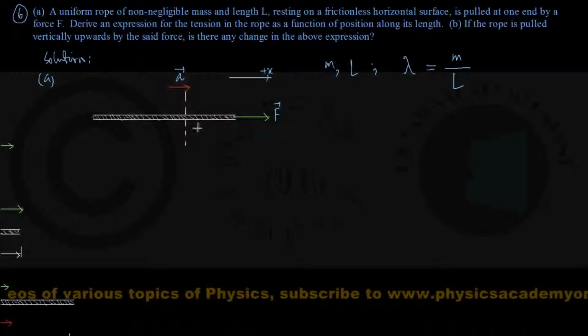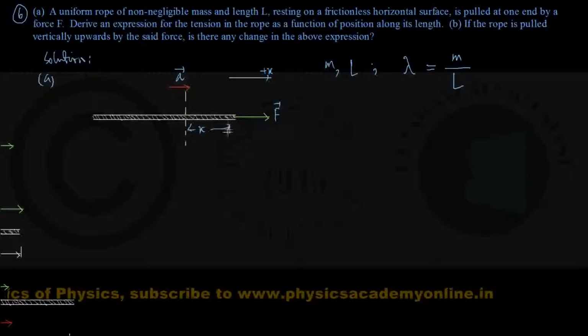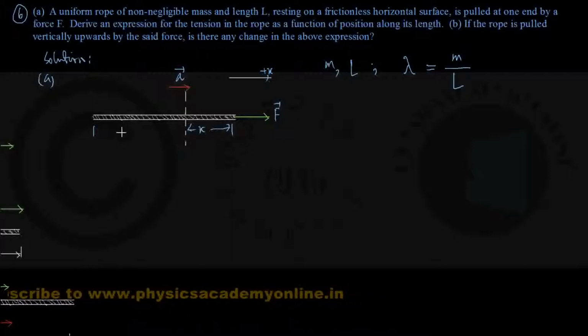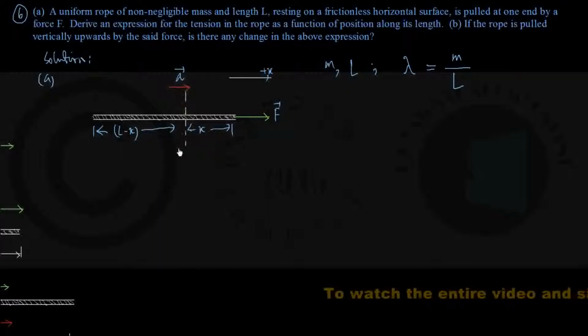Suppose the right side portion has a length of x measured from the end where the force F was applied, and since the total length of the rope was capital L, L minus x is the length of the remaining portion on the left of that imaginary vertical line. I insist once again, this is all imagination. To solve the problem, I am breaking up the rope into two parts of length x and L minus x by this imaginary vertical line.